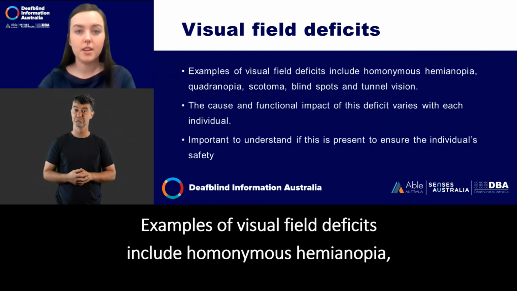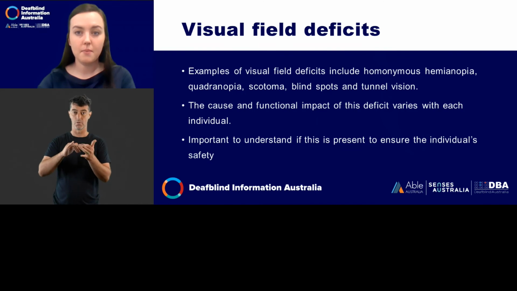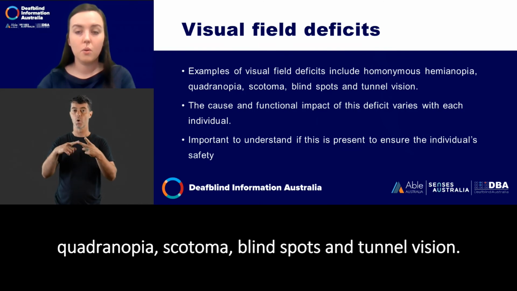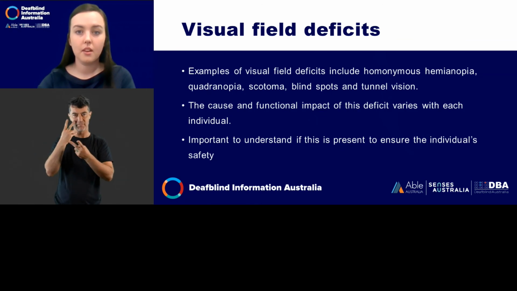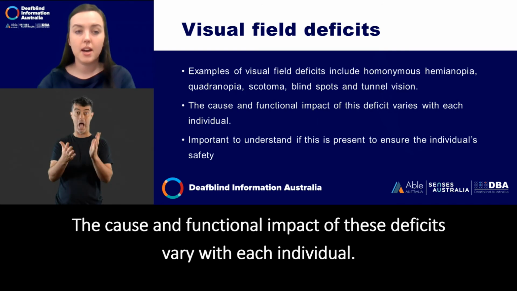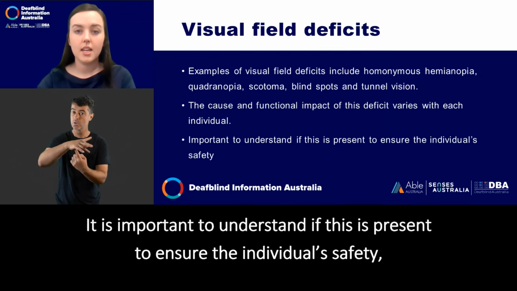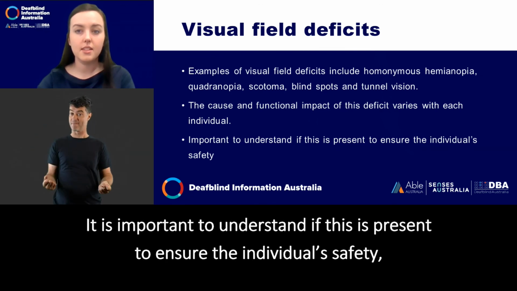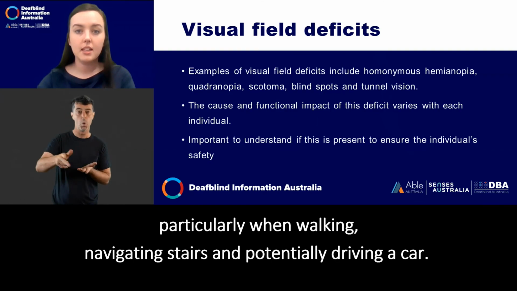Examples of visual field deficits include homonymous hemianopia, quadranopia, scotoma, blind spots, and tunnel vision. The cause and functional impact of these deficits vary with each individual. It is important to understand if this is present to ensure the individual's safety, particularly when walking, navigating stairs, and potentially driving a car.